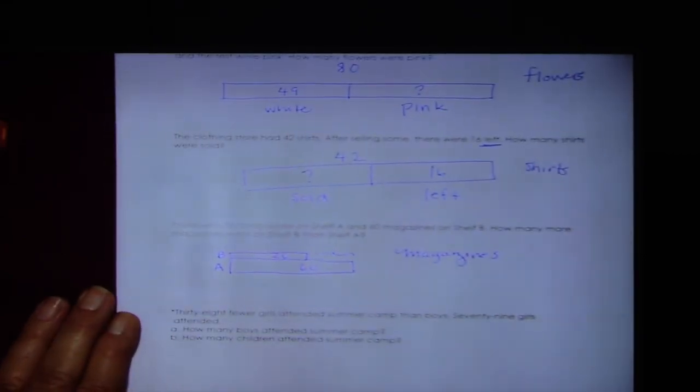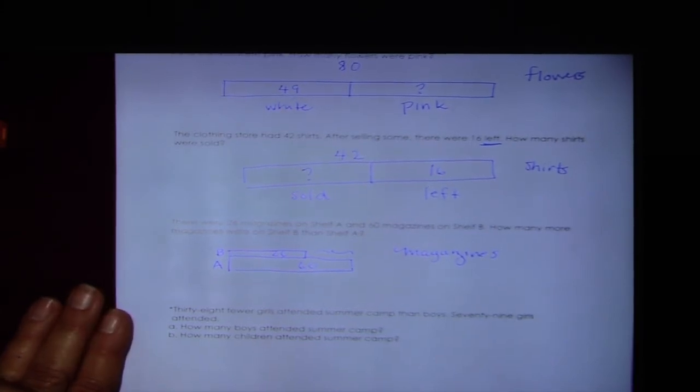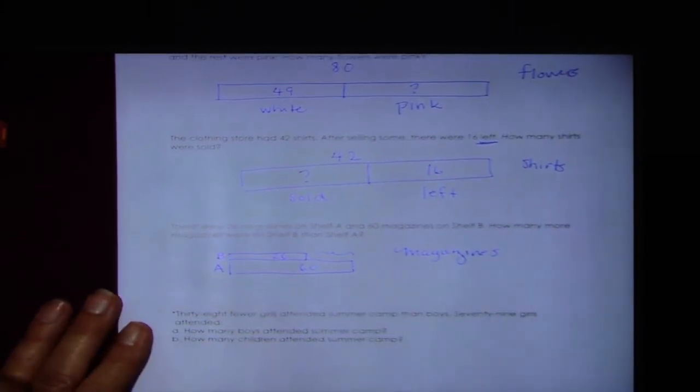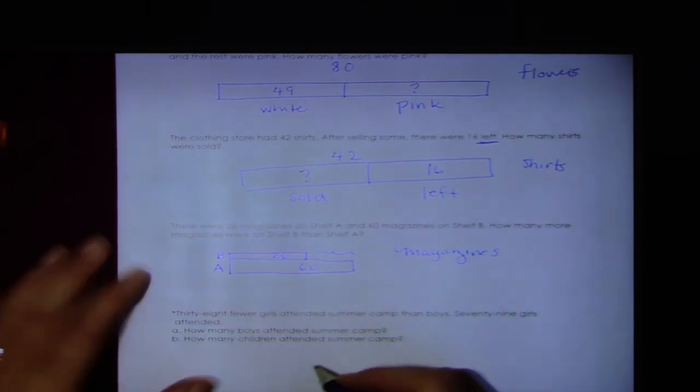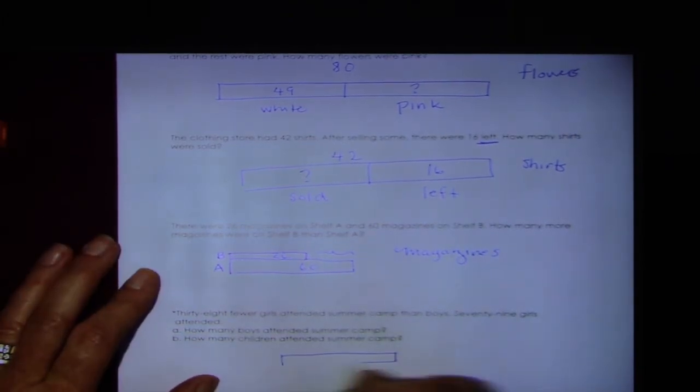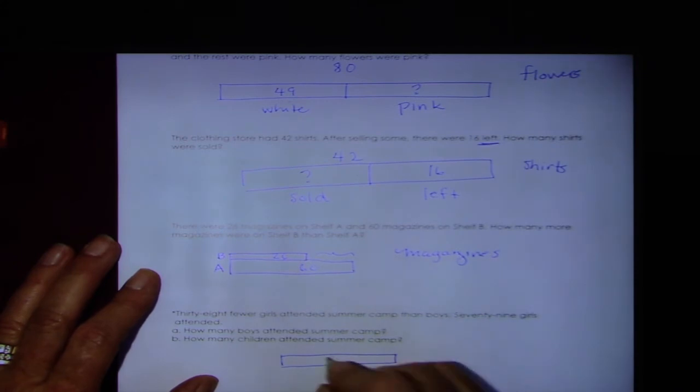This would be a good, solid problem. We would have kids work on this together. 38 fewer girls attended summer camp than boys. 79 girls attended. How many boys? Well, I know something. I know there were 79 girls, and there's a lot of different ways of drawing this, but I'm going to go here.